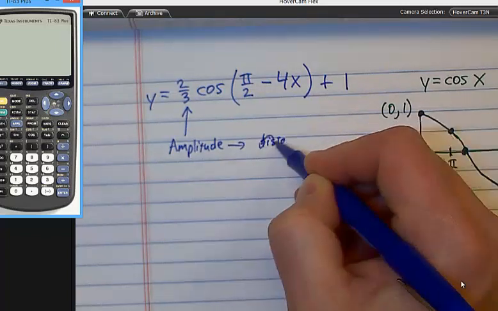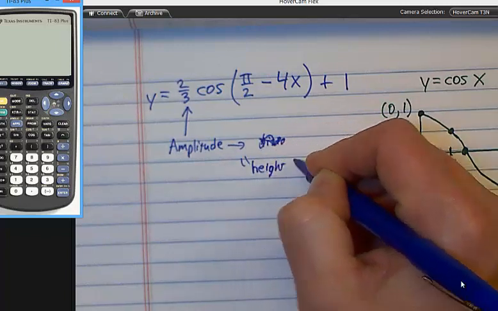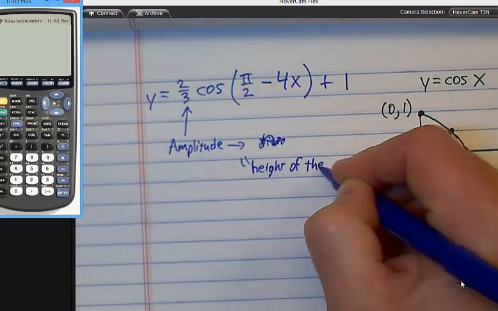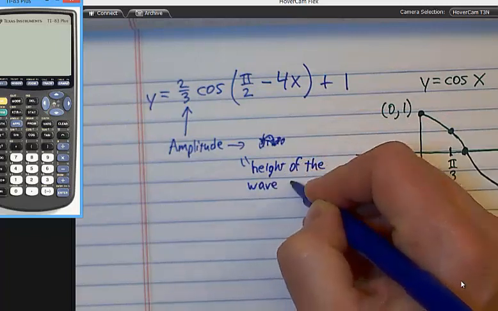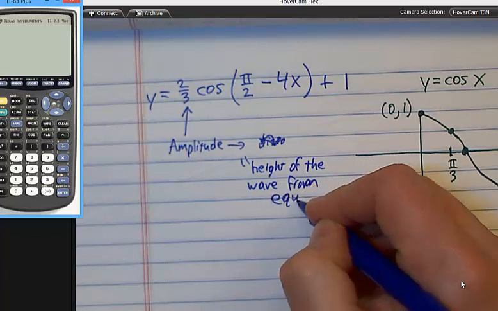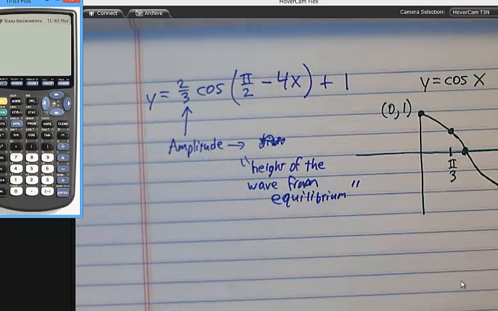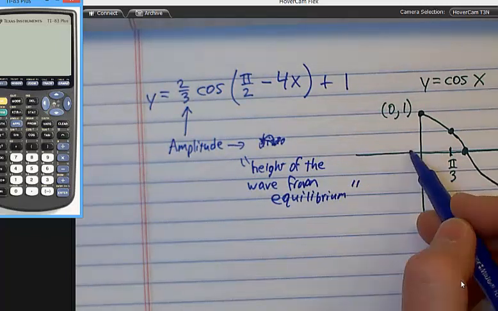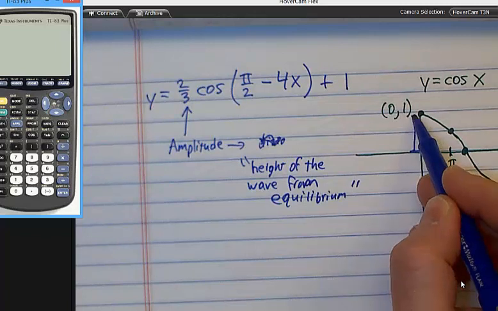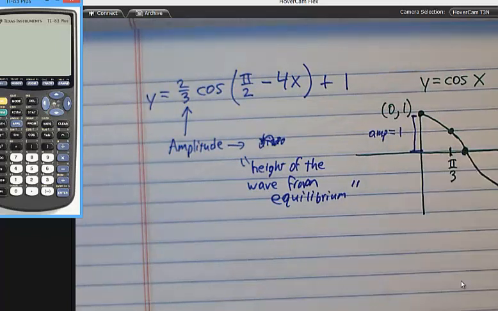How about I word it this way? The height of the wave from equilibrium. In other words, it's the distance from here to here. The amplitude here is 1 for the basic cosine function. It's also the distance from here to here.